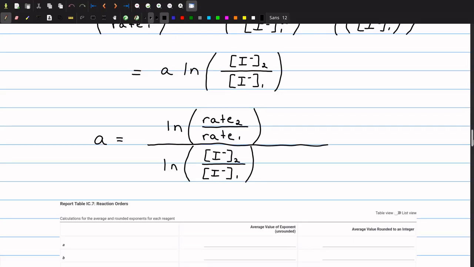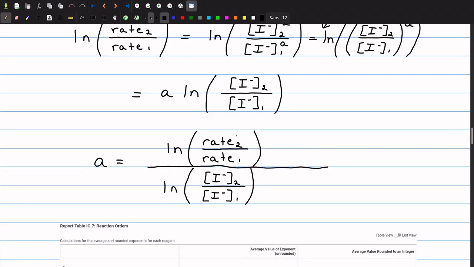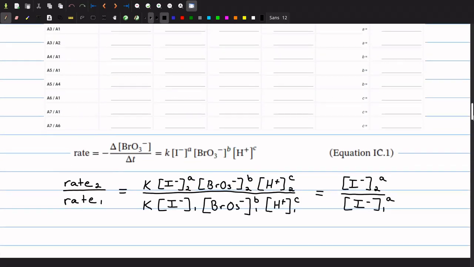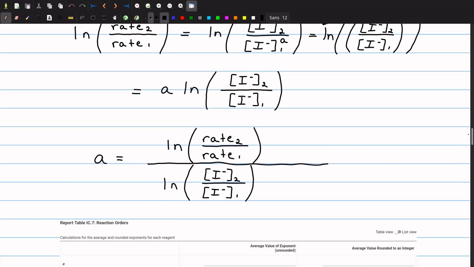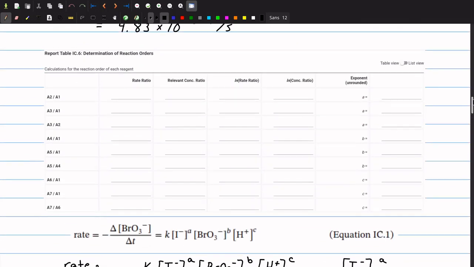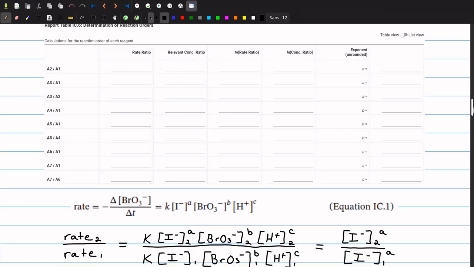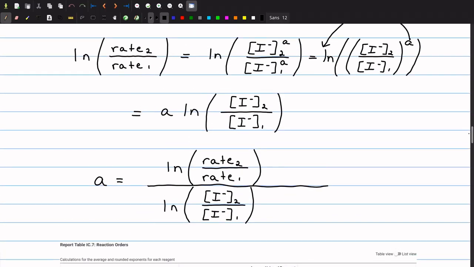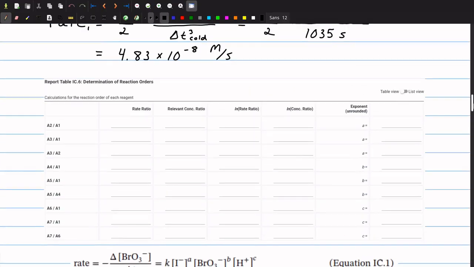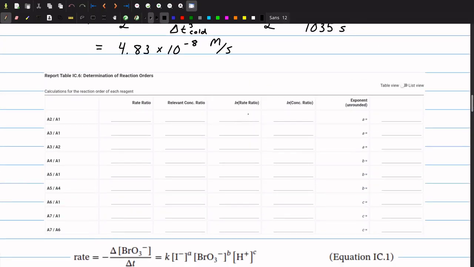So they have you entering this ratio here as a quantity right here. They've got you entering this ratio right here as a quantity right there. They've got you entering the natural log. So this whole term in the numerator here, the natural log of that ratio right there.